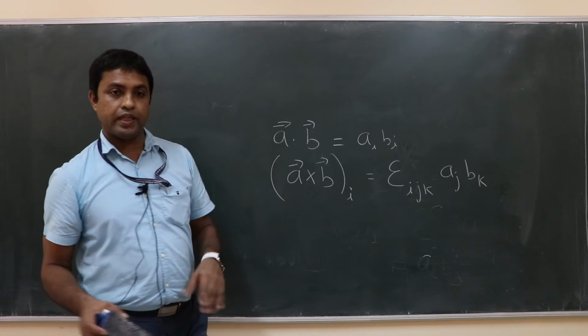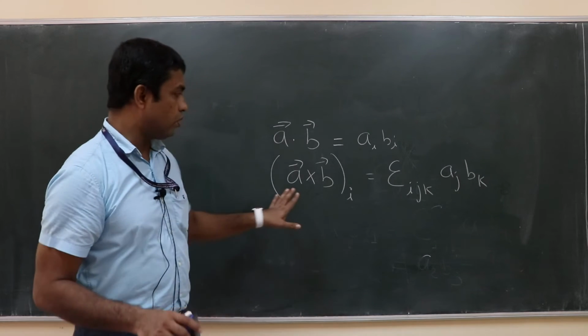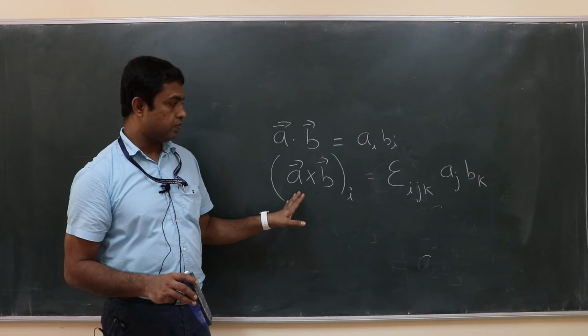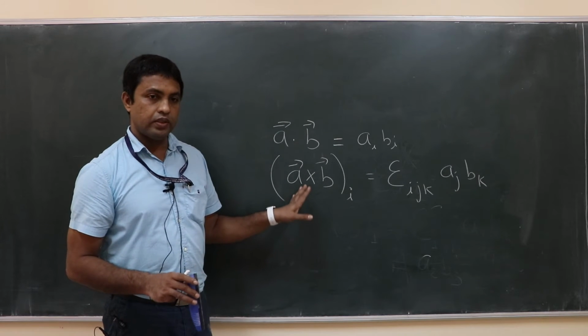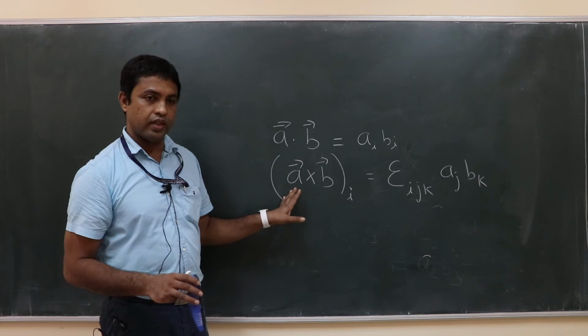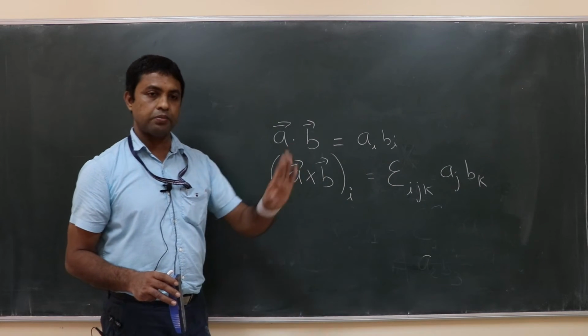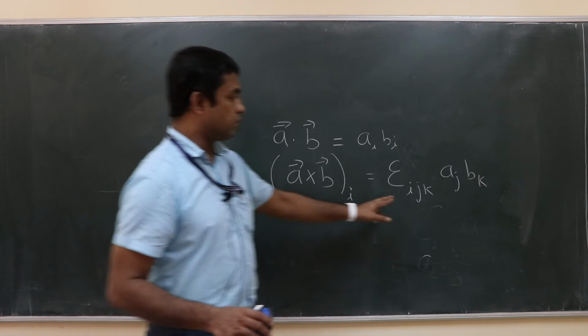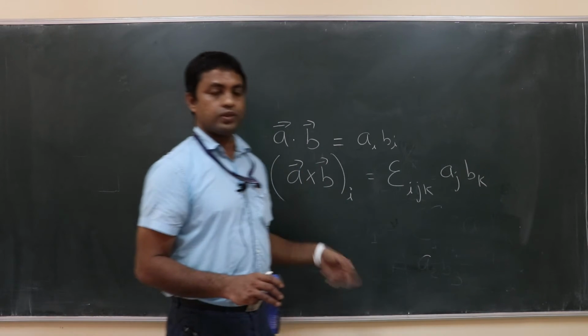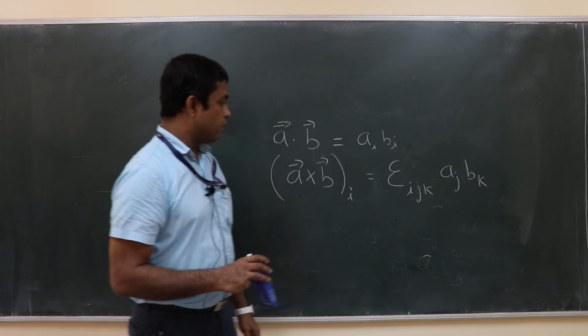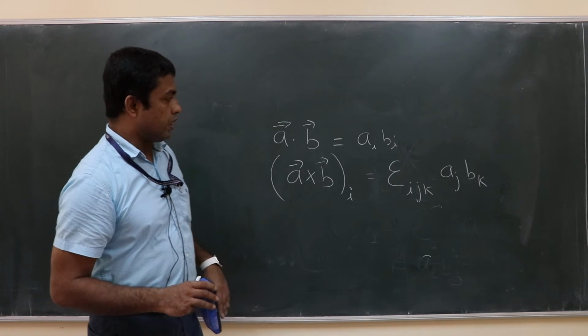For the time being we are sticking to the 3-dimensional case. Is it possible to generalize it to n dimensions? Yes, it is possible to generalize to n dimensions. You have to use the higher-dimensional epsilon. I'll come to that. Because this is only the 3-dimensional Levi-Civita symbol, you have to look at the higher-dimensional Levi-Civita symbols. So let us now stick to 3 dimensions.